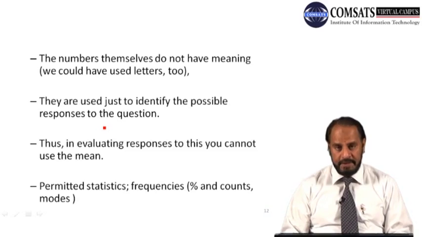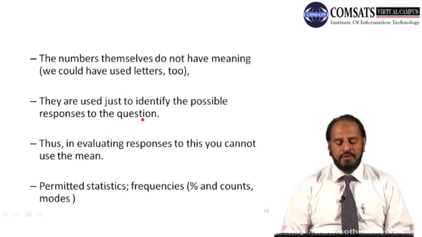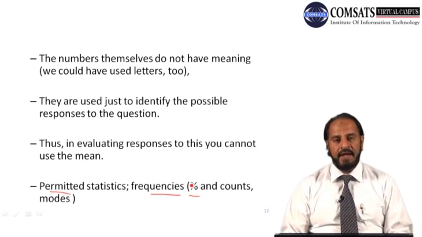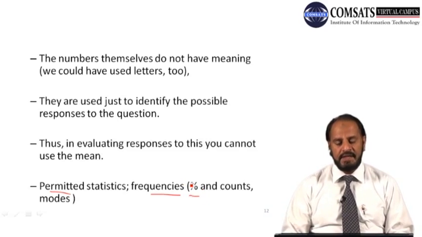So we are trying to see how they are answering against which option. The sort of analysis we can do is frequencies: how many answered A, B, C, D, and what percent are in the A category, the B category, the C or D category.